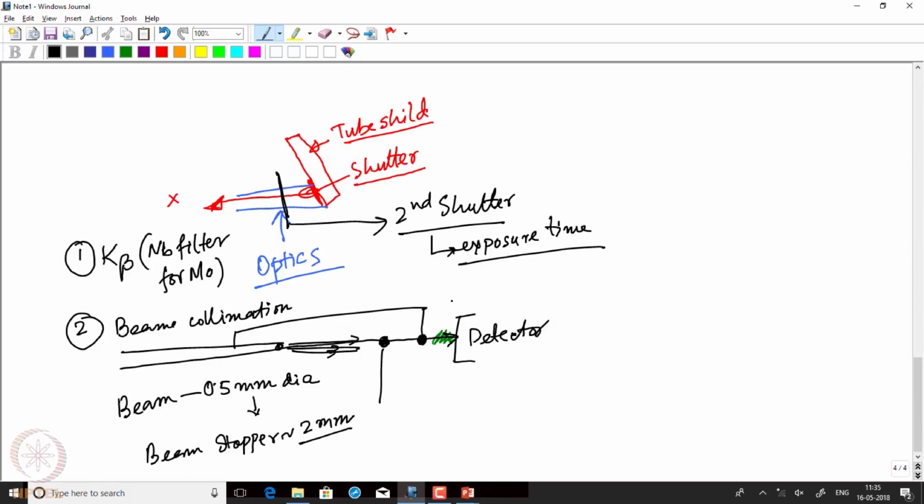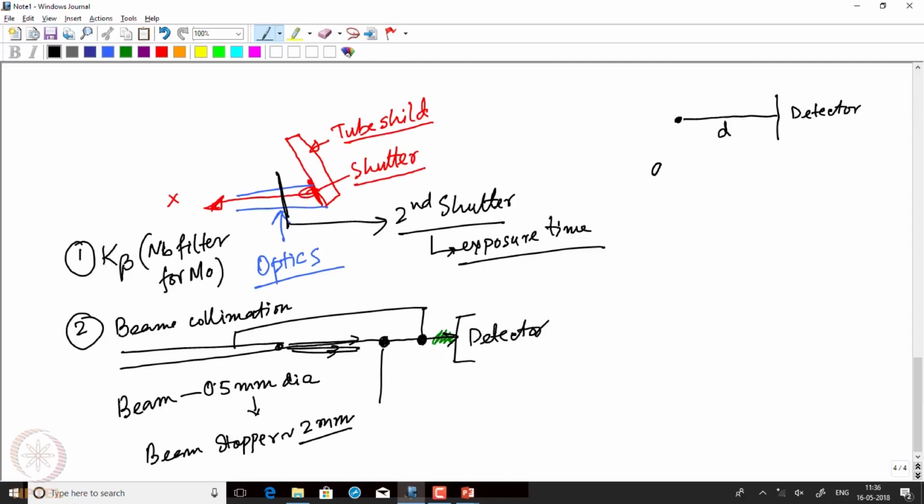The next important aspect is the sample to detector distance. If we have a crystal located at this point, the distance at which the detector is kept is called the sample to detector distance, small d.